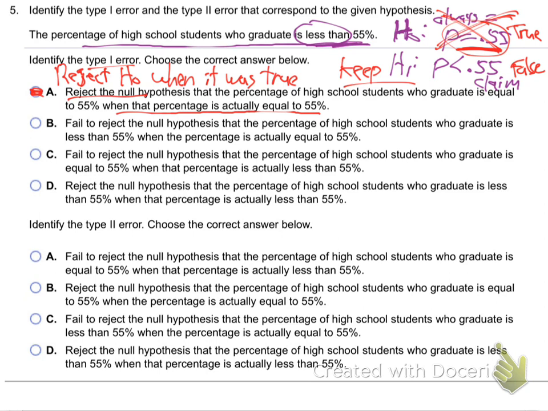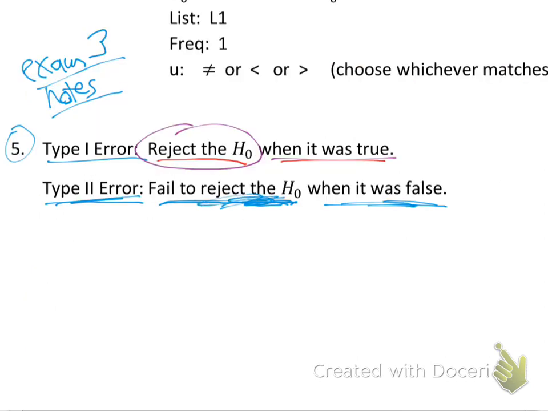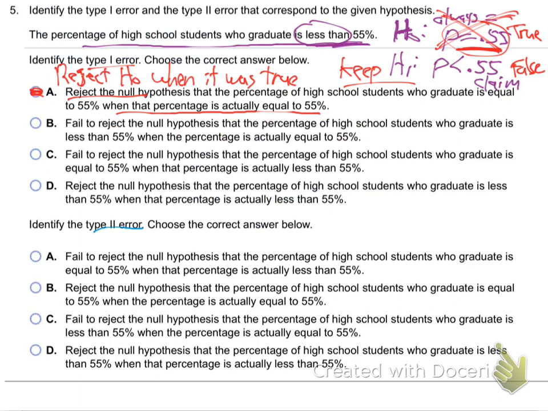Now let's go down to type 2. Type 2: failed to reject the null when it was false. So again, we have the same null and alternative.